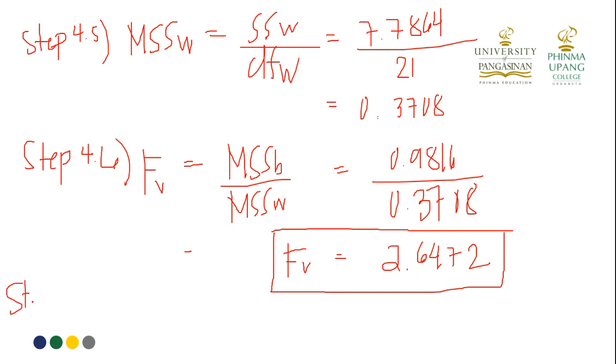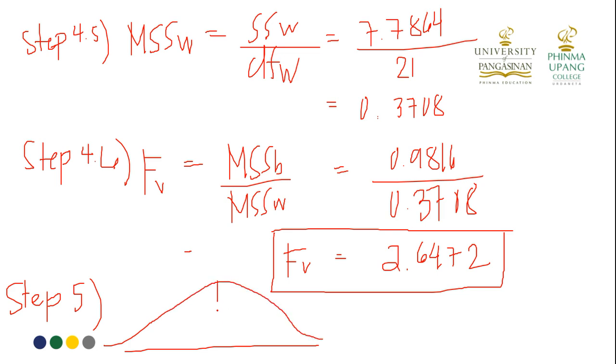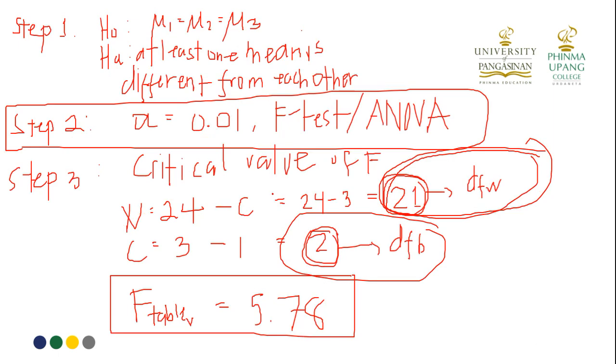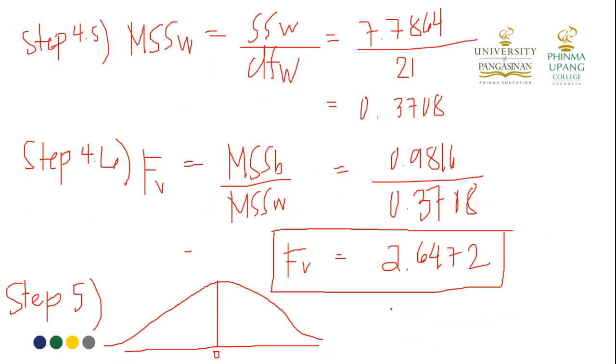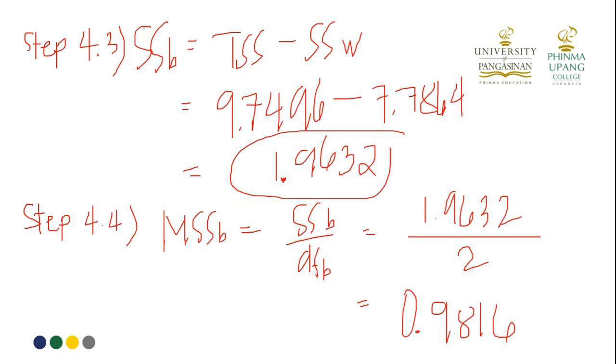Next, so dyan nagtatapos ang ating step 4. Let's move on to step 5. Decide na natin kung accept or reject. So balikan natin yung critical. The critical value that we have here is 5.78. So 1, 2, 3, 4, 5, 6, 7, 8.